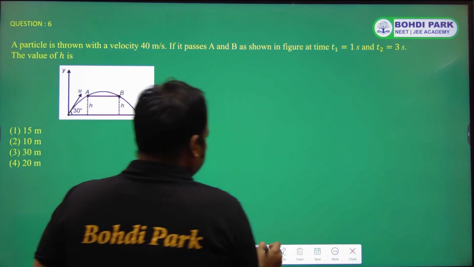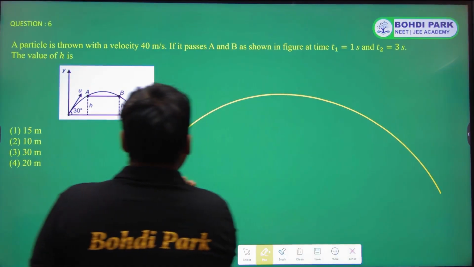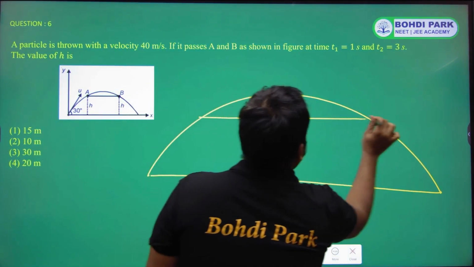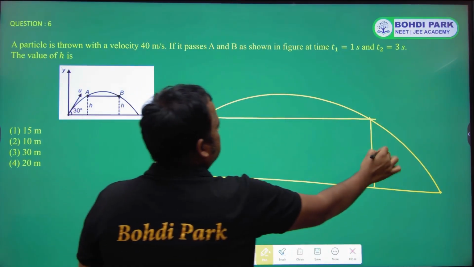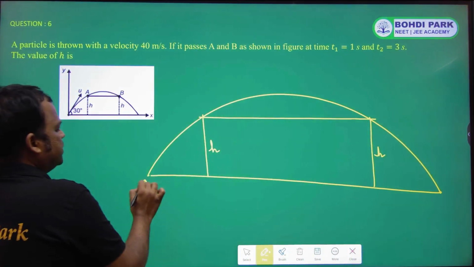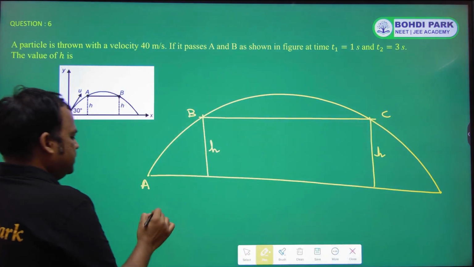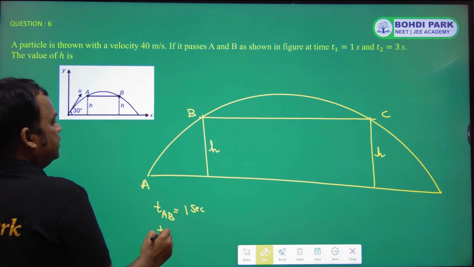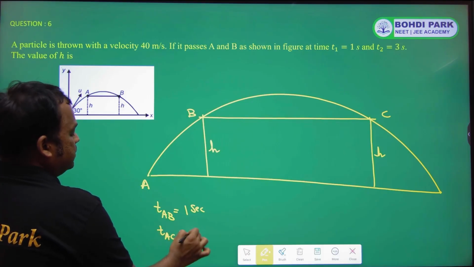So let me draw the diagram once again. This is h, this point is A, B, and this point is C. So time taken from A to B is 1 second, and time taken from A to C is 3 seconds.